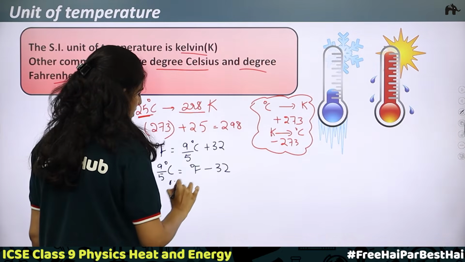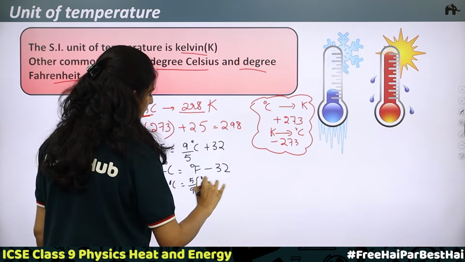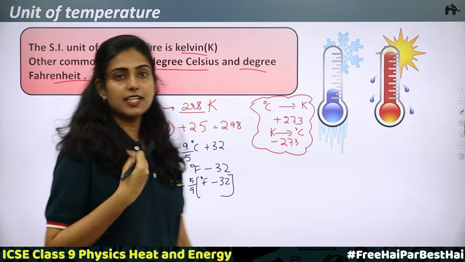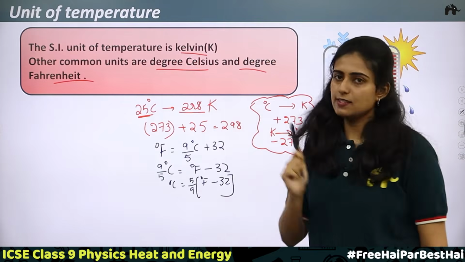So degree Celsius is equal to 5 by 9 into (degree Fahrenheit minus 32). This is how you can find the temperature in degree Celsius when the temperature in degree Fahrenheit is known.